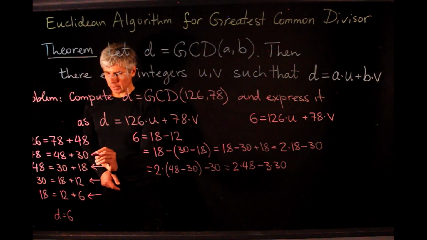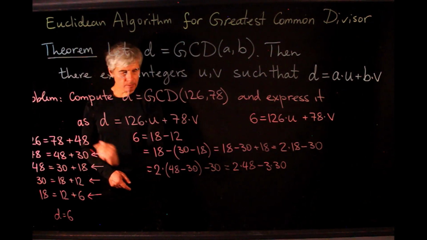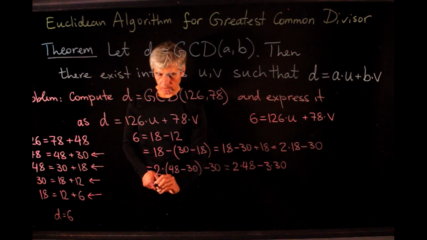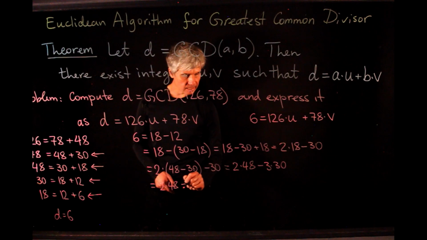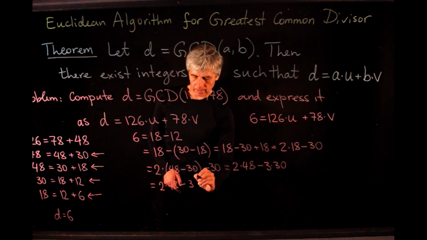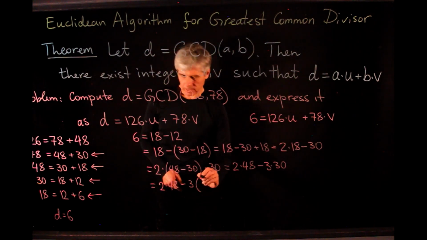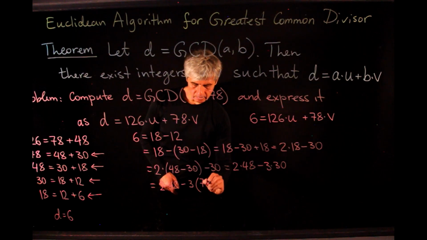Then we eliminate 30 as 78 minus 48. So this is 2 times 48 minus 3 times 78 minus 48.